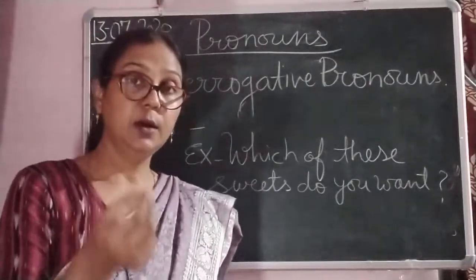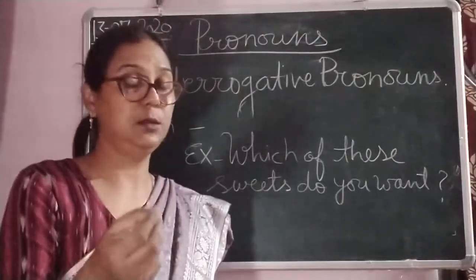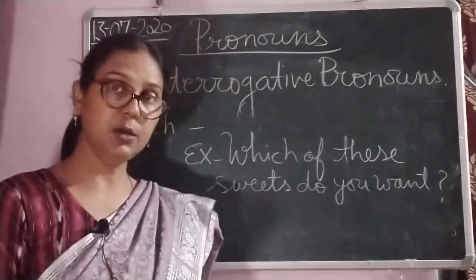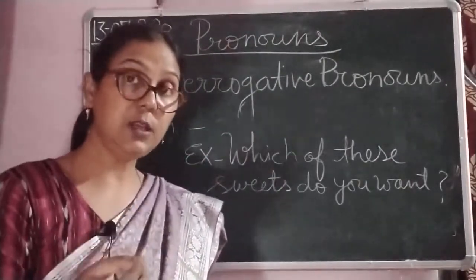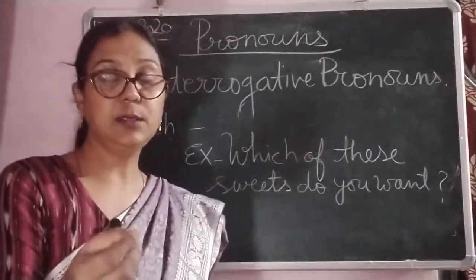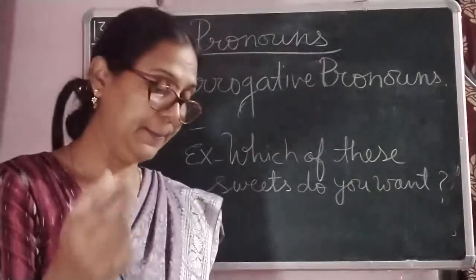It is used for the person. I want to meet Rani. Now, which of these sweets do you want? So here I have given the option to the person and he is going to choose any one of them.